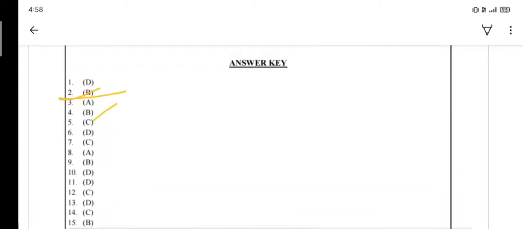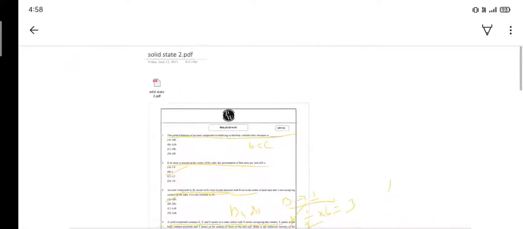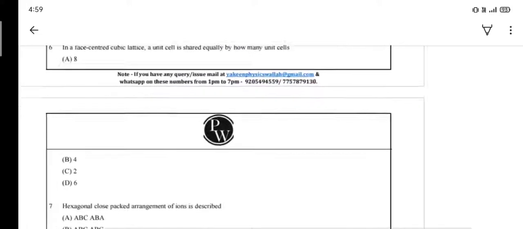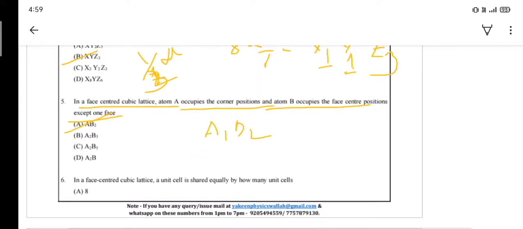Look, it is 5C. What is the mistake? Let's see. In a face centered cubic lattice, A occupies the corner positions and B occupies the face center positions except one face.